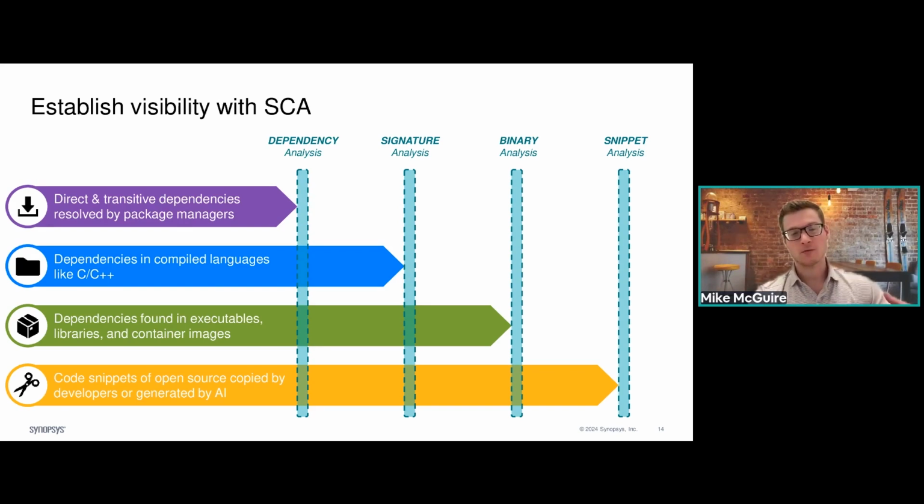But there are other avenues that you have to consider. You have to consider compiled languages like C and C++ that don't use package managers. You have to consider third-party libraries that you don't have source code for. You have to consider how your development teams might just be bringing in snippets of code manually or with AI coding assistance. So you definitely need different scan types in order to account for all of that.